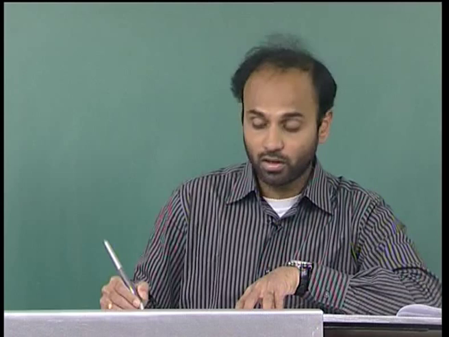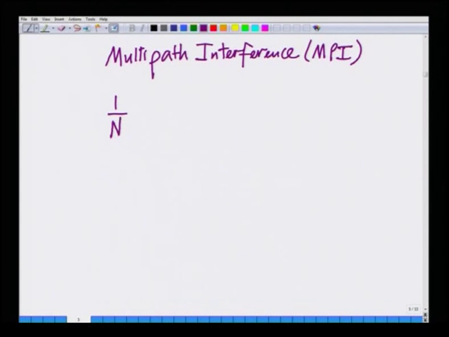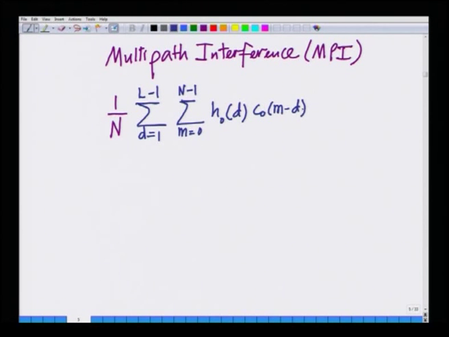And how does the multi-path interference look? The multi-path interference looks as follows, that is 1 over n summation d equals 1 to L minus 1, that is all the L minus 1 paths other than the 0th path, summation m equals 0 to n minus 1, that is over the chips, h 0 of d c 0 of m minus d c 0 of m times the symbol s 0.